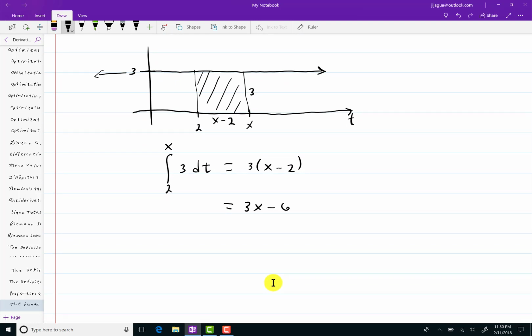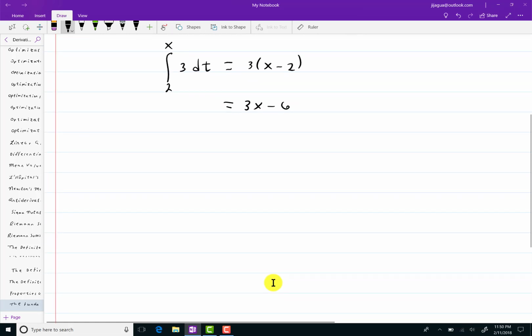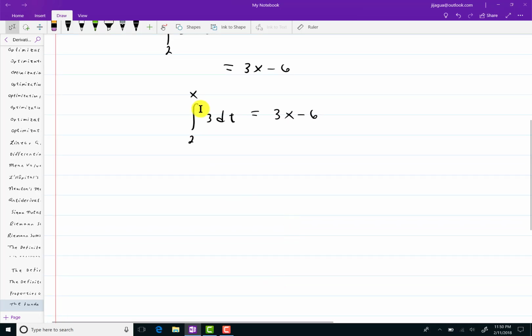I think it's interesting that you should note, though, so we have the integral from 2 to x, 3 dt. Over here, you have 3x minus 6. What I'm going to do is take the derivative of both sides.